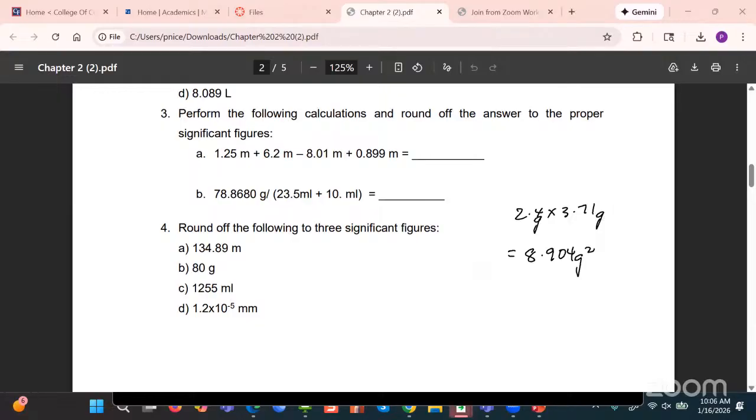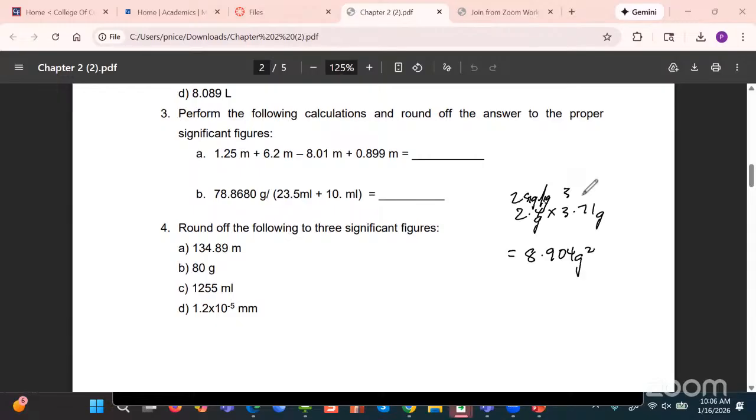Now, what you need to do is round this off to the correct number of sig figs because you're multiplying. How do we do that? We look at these two numbers and the number of significant figures in each. This one has 2 significant figures and this one has 3.